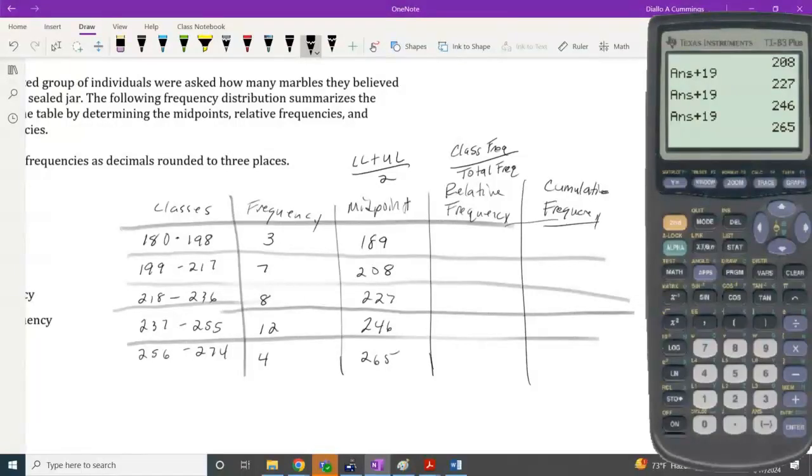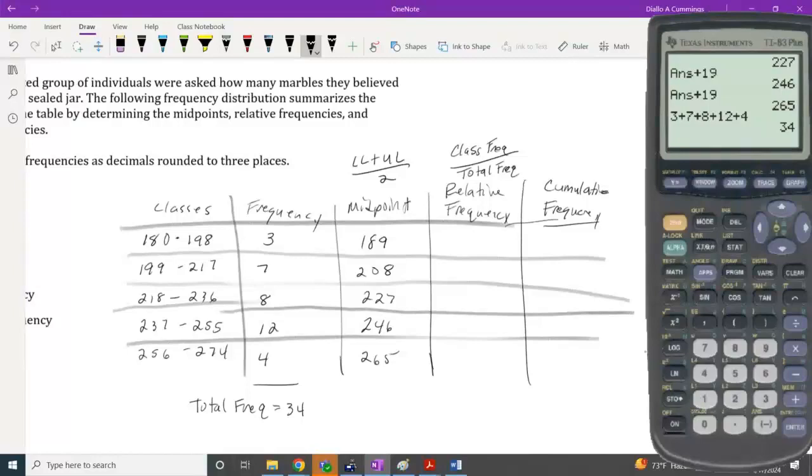For the total frequency, I have to add up all of my frequencies: 3 plus 7 plus 8 plus 12 plus 4, which gives us 34. So that's going to be my divisor.